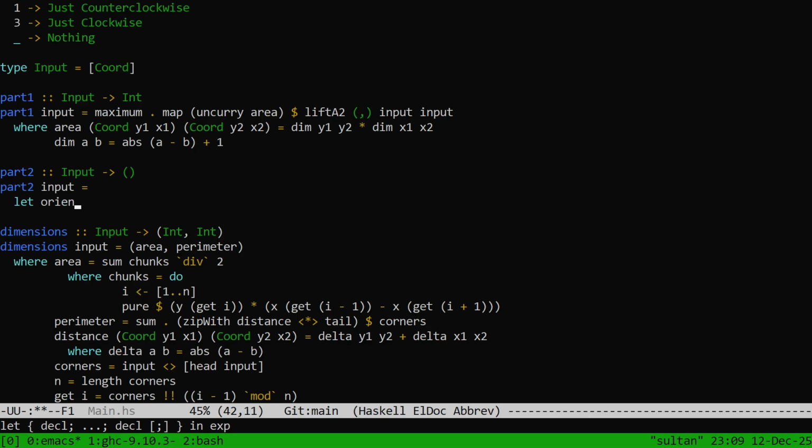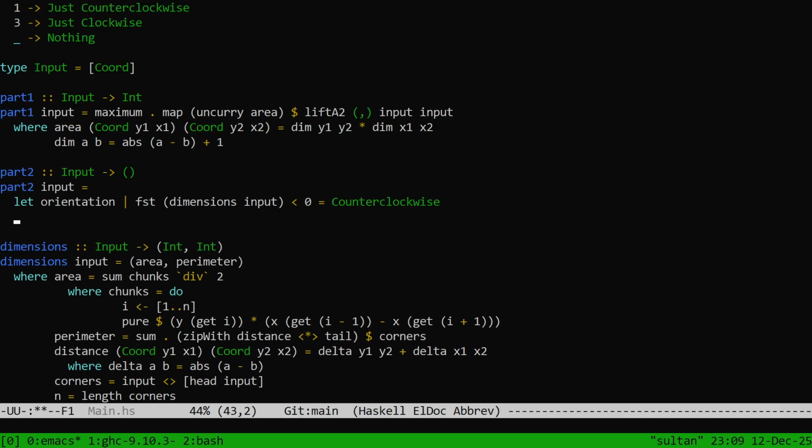Let orientation equal counterclockwise if the first of the dimensions of the input is less than 0, otherwise equal clockwise.